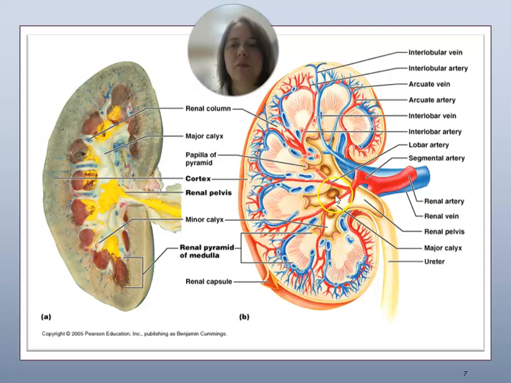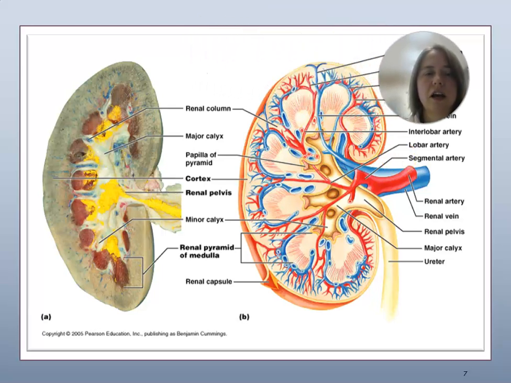We can see the renal pelvis. All these little tubes are going to come together at the renal pelvis, which forms the ureter. All right, so looking over at this picture, we have the renal cortex, we have the renal medulla, we have these little pyramids. You can see that they dyed some of the vessels here.